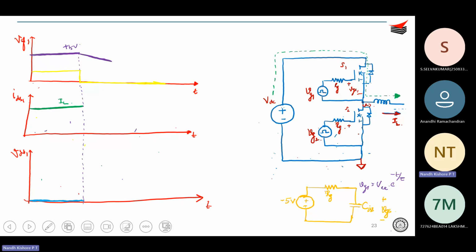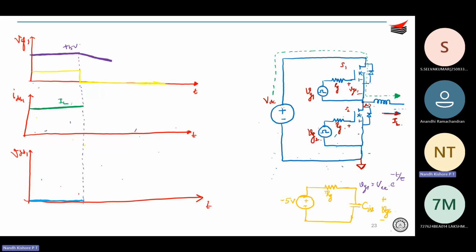Do you remember there was something called the Miller region in the gate dynamics? Let's try to recollect. Your entire current was flowing through the top device, with the current direction as shown in the red line.